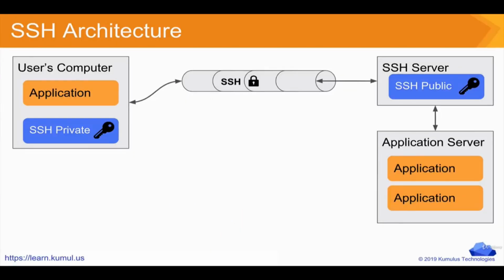So let's start out looking at the lay of the land in terms of how one uses SSH keys. You will generate a pair of keys on a computer that you have control over, typically your own machine, and you're going to have a public and a private key, and they are referred to in toto as the key pair. Now, you have a bunch of different ways that you can use SSH keys.